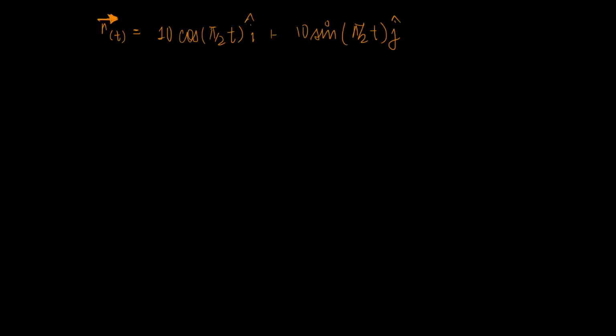Now you notice the only variable you have in this expression is t, and t is the time. So if you input different values of t, you get different position vectors, and if you connect all of them up, you get the entire trajectory of the body from the lower limit of time to the upper limit of time.